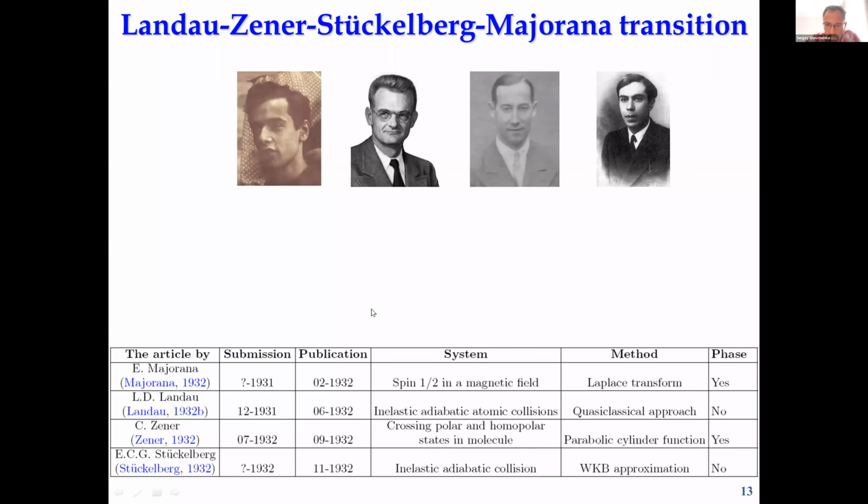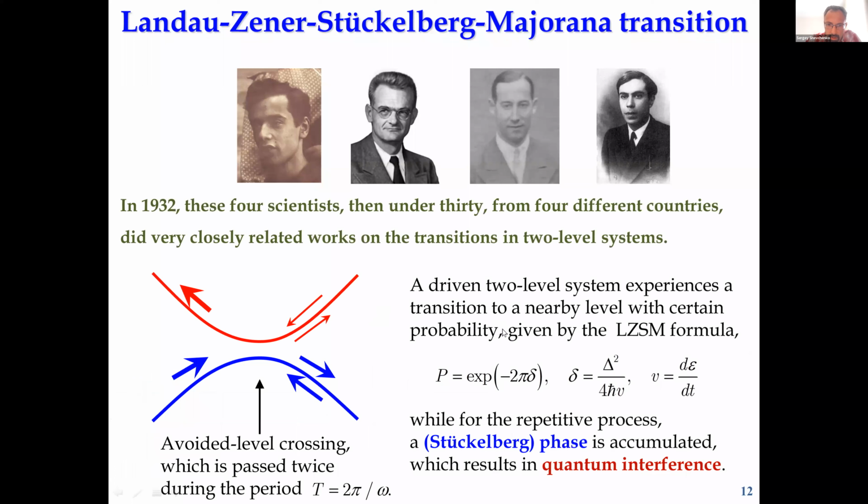So these scientists obtained this quite simple formula. The probability is an exponential including delta, which is the adiabaticity parameter. In the numerator, delta, the minimal splitting. In the denominator, the velocity at which the avoided level crossing is passed, the controlling epsilon parameter's time derivative.